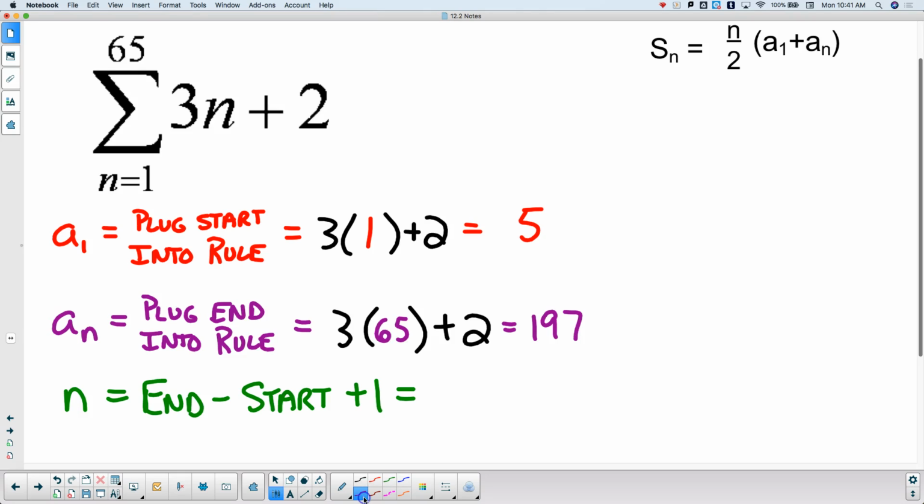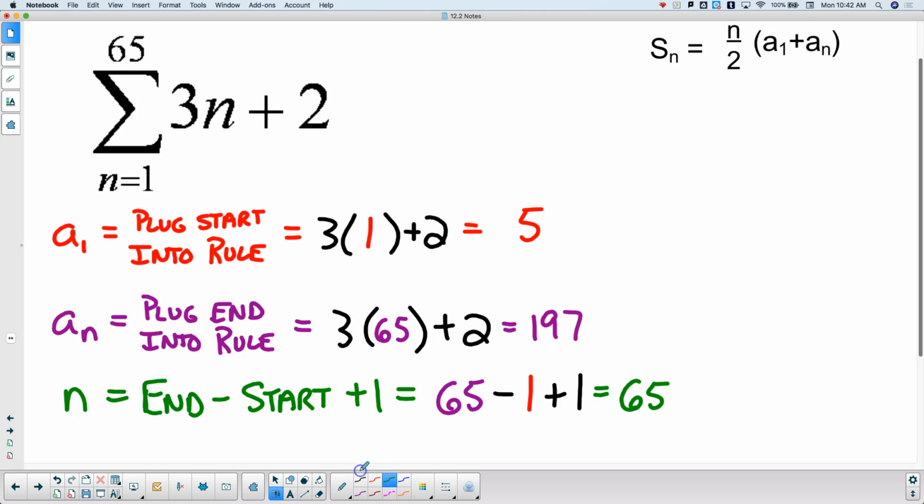So that's going to be 65 minus 1 plus 1. 65 minus 1 is 64, plus 1 is 65. Okay.